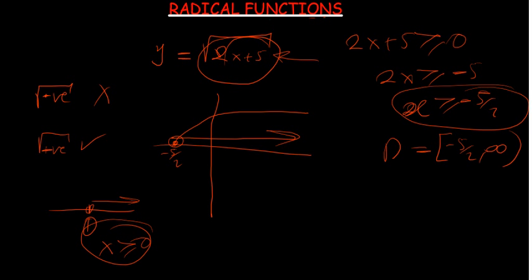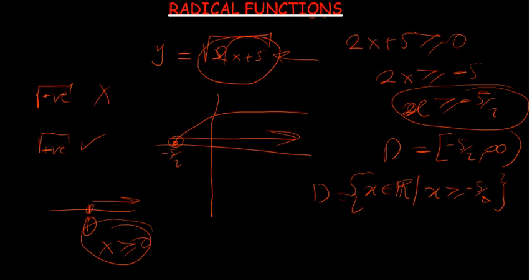Which we can also say the domain is x, such that x is a real number. Now this real number is always greater than or equal to negative 5 over 2. So we can also write it like that. I don't know which one you would prefer.